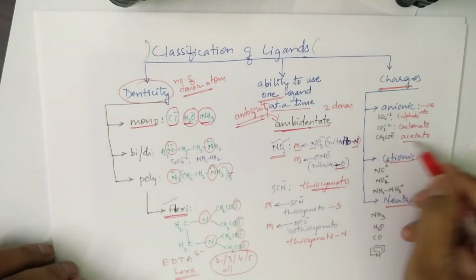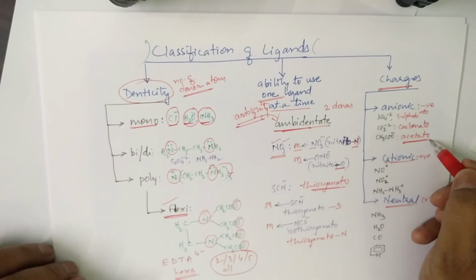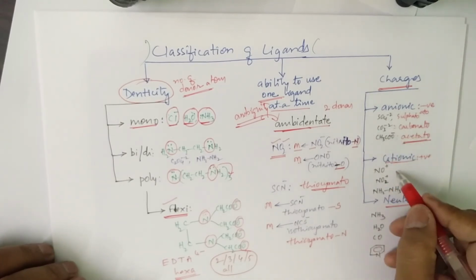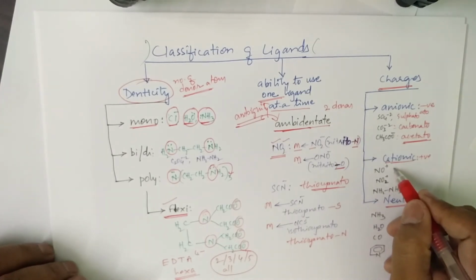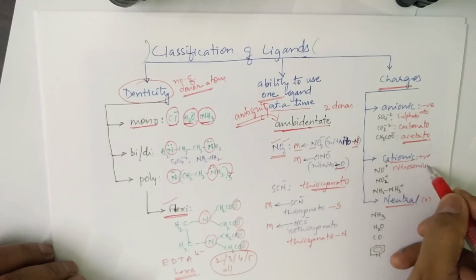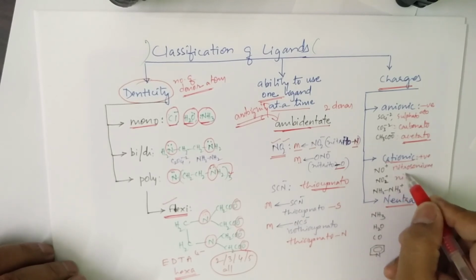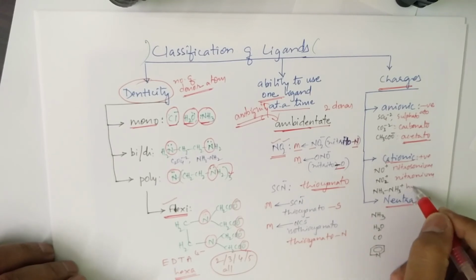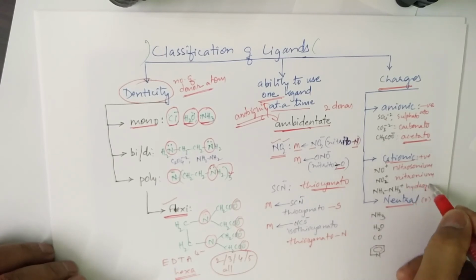So just by looking at the name of the ligand, we can decide what is the charge on it. This is called nitrosonium. This is called nitronium. And this is called hydrazinium.